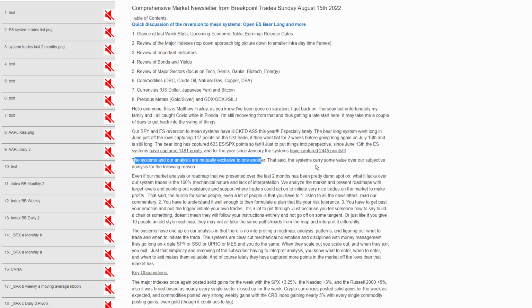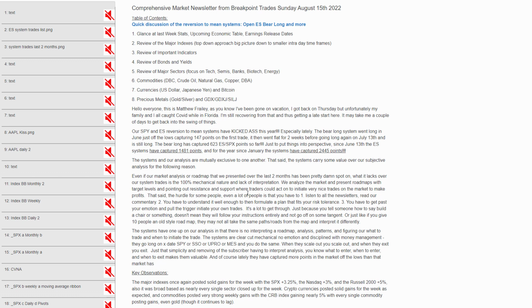That said, the systems carry value over our subjective analysis for the following reasons. The reason our systems are so popular is that even if our market analysis is absolutely perfect, it requires you to listen to our full commentary, understand the charts, formulate a plan based on your risk tolerance, and then execute it, dealing with emotion, etc. The systems are super easy.